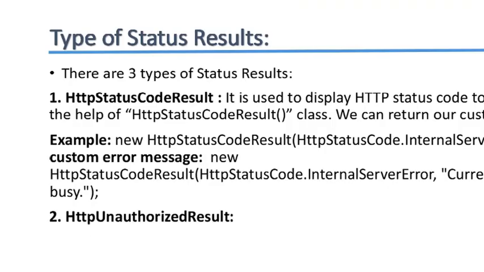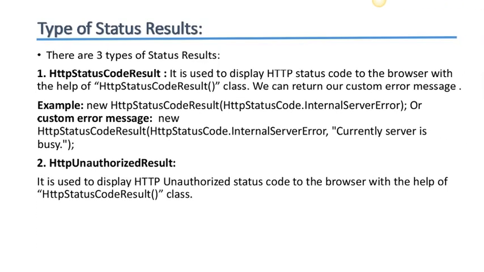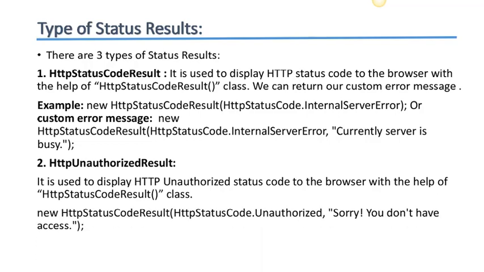Next one is the HttpUnauthorizedResult. It is used to display the HTTP unauthorized status code to the browser with the help of the HttpStatusCodeResult object. We can go with it programmatically and understand in more detail.